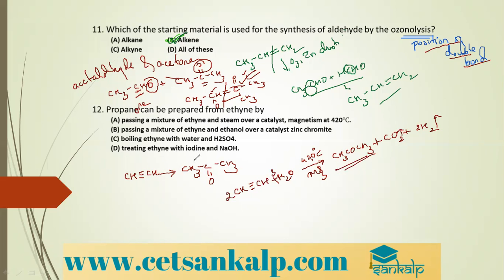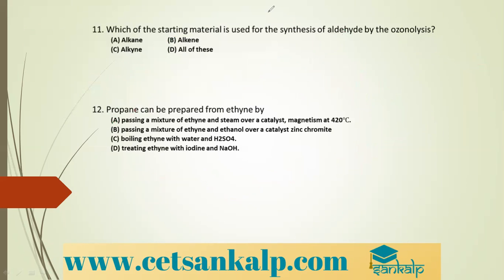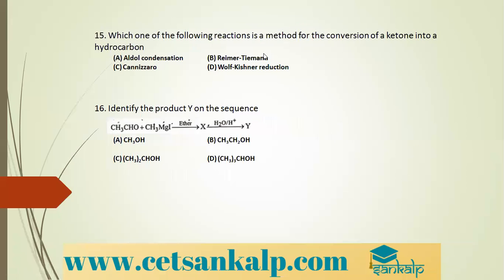So what is the correct option? The correct option is passing a mixture of ethine and steam over the catalyst magnesium at 420 degrees Celsius. So you should know all the methods of preparation of the compounds, whether they are general methods or the typical methods of preparation.